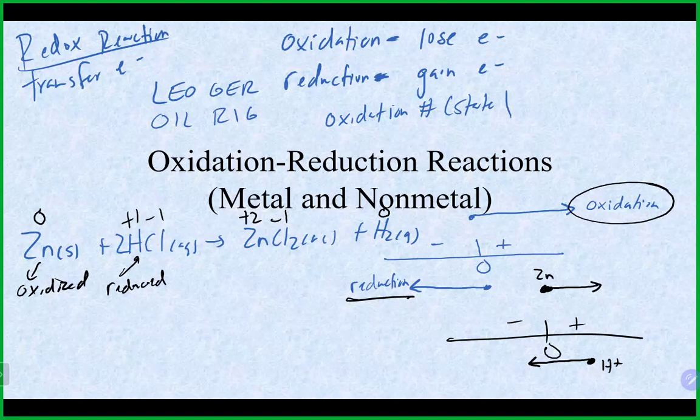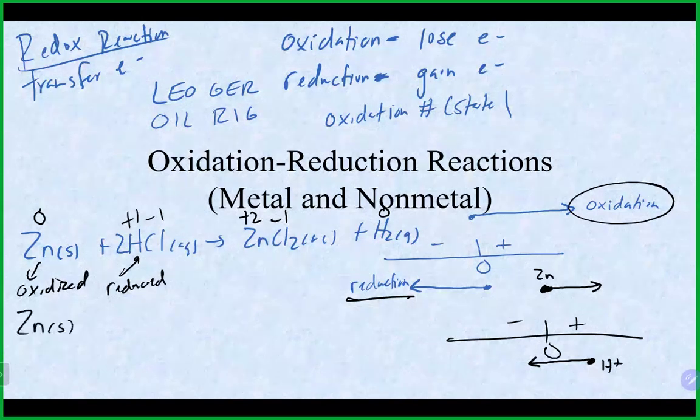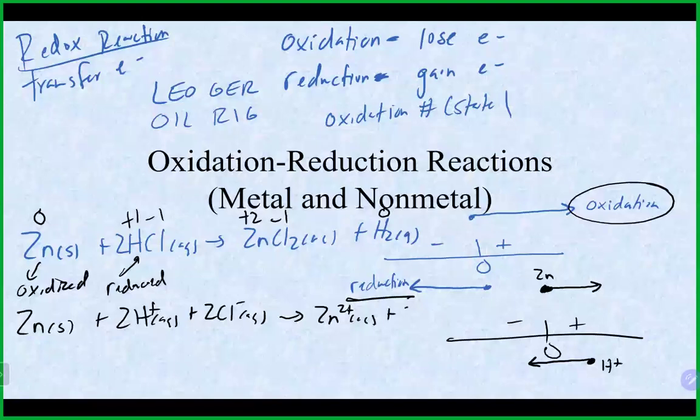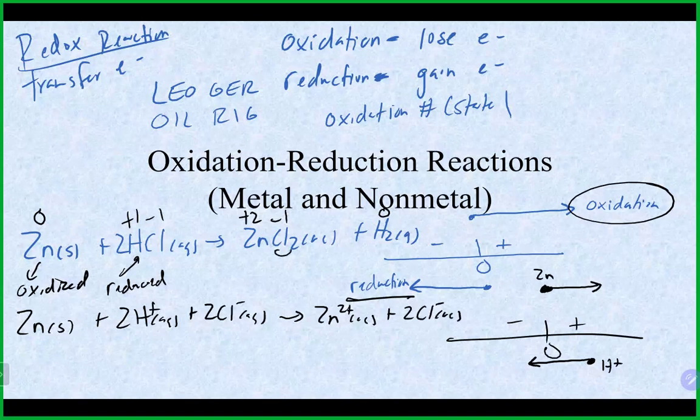If I were to write a total ionic equation for this, it would be zinc plus my 2 H pluses from my hydrochloric acid and my 2 chlorides, going to my zinc with a +2 charge, my 2 chlorides, as that 2 comes to the front here, and my H2.